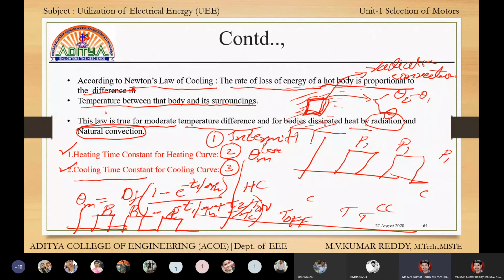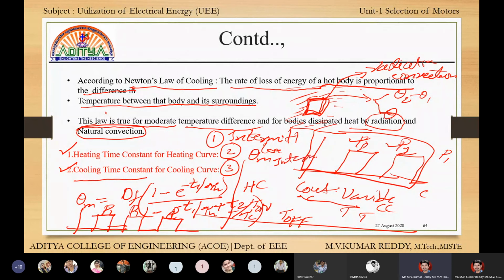Then it is called intermittent loads. If the powers are varying, then it is called continuous variable loads. If powers are constant, then it is called intermittent loads. This is the class for today.